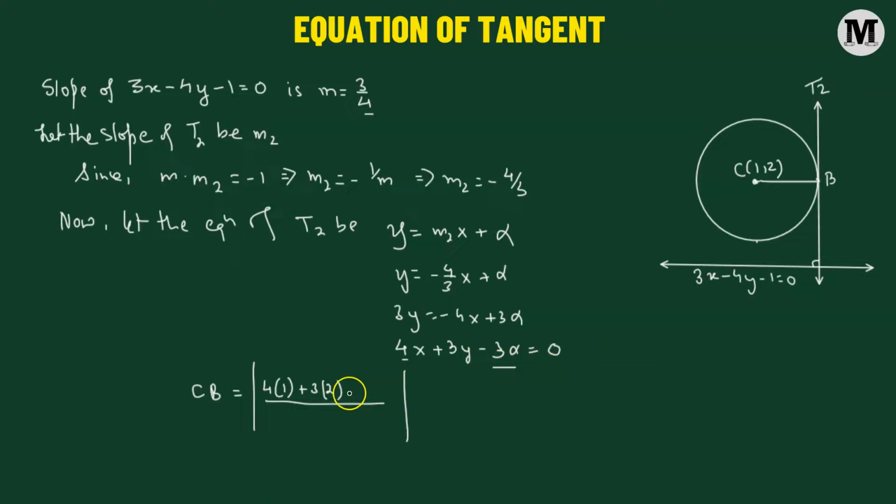And then we have the constant term, so that's negative 3 alpha, divided by the square root of coefficient of x squared plus coefficient of y squared, so that's 3 squared. Now CB is also the radius of the circle with 3 units, which means that now we get the equation 3 equals absolute value, so 4 plus 6 will be 10, 10 minus 3 alpha, divided by square root of 25, which is simply 5.